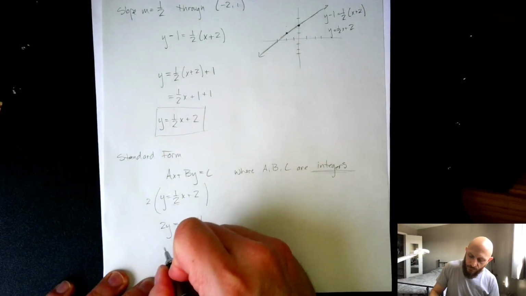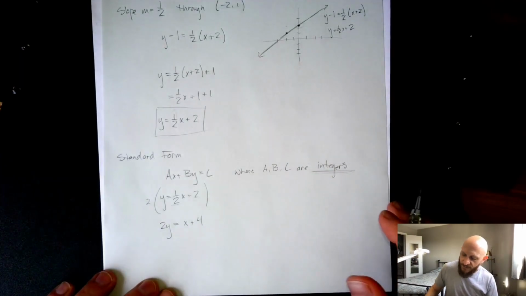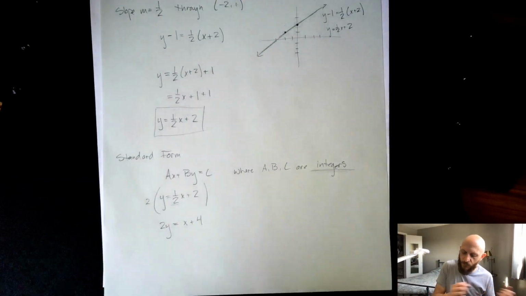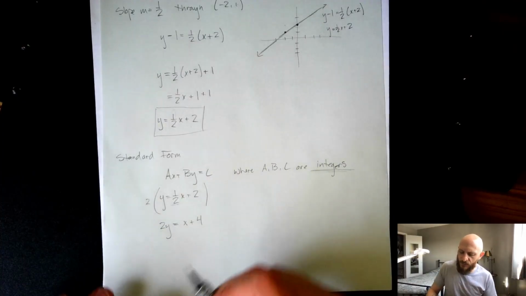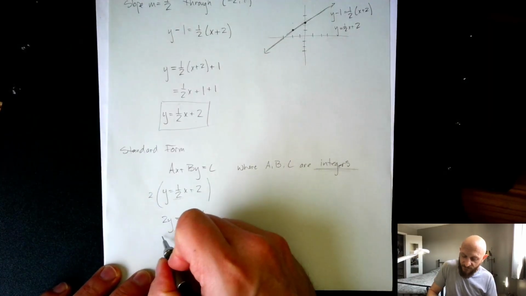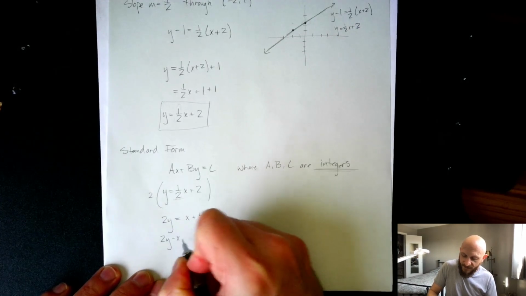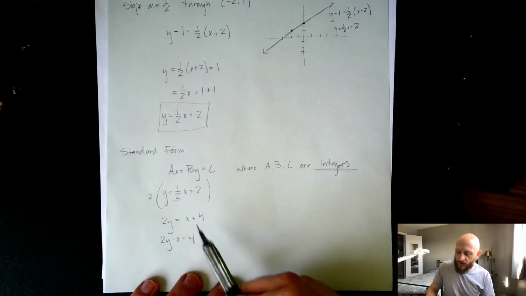I guess there's actually kind of two ways of writing this. Maybe it would be more common to move 4 over to the left and 2y over. I'll do both. If I subtract x from both sides here, then I would have something like 2y minus x equals 4. Or I could go the other way.